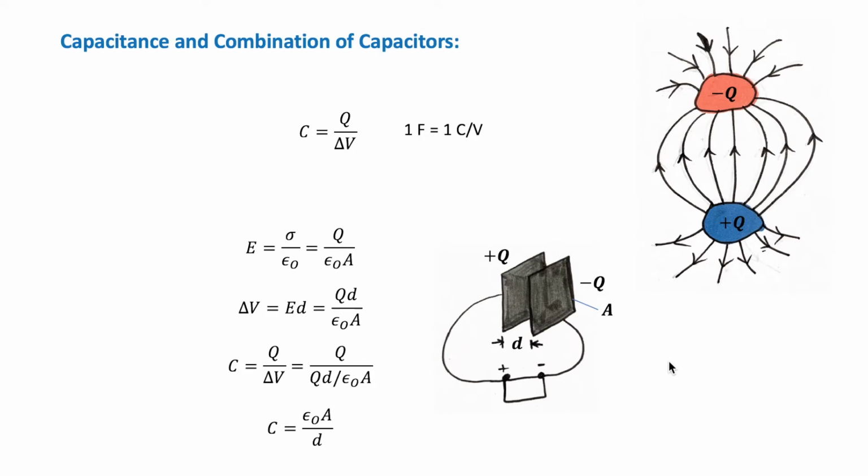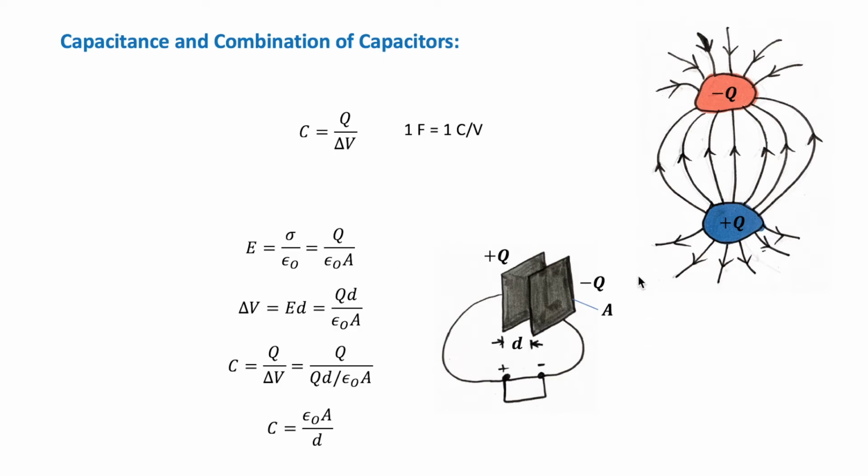So let's consider the parallel plate capacitor, which consists of two parallel plates of equal area A separated by a distance d, and each plate has a charge Q. The surface charge density is sigma, which is equal to Q over A. If the distance between the plates, d, is small compared with the plates, we can assume the electric field to be uniform between them and zero elsewhere.